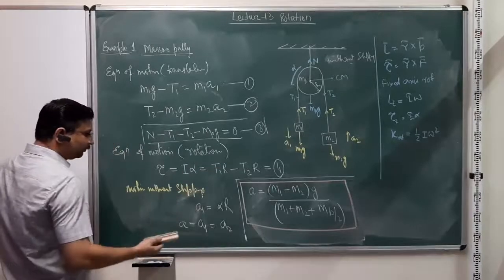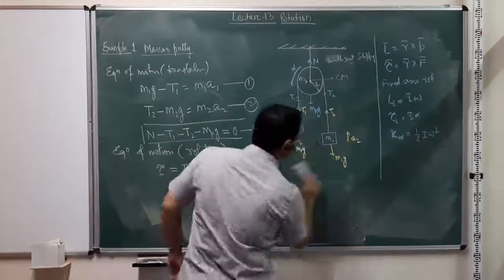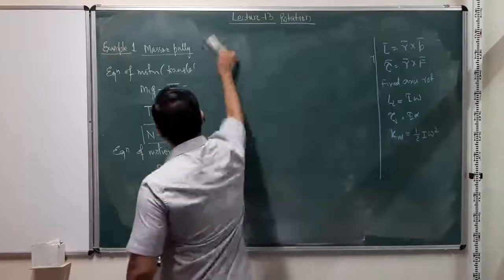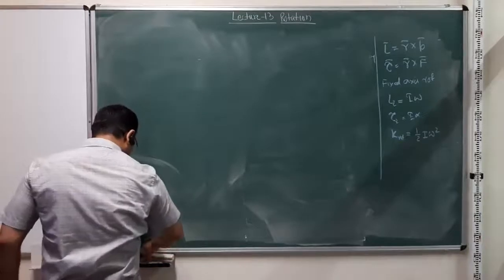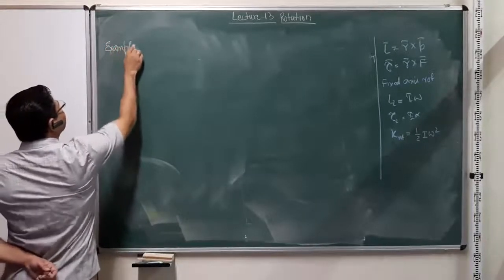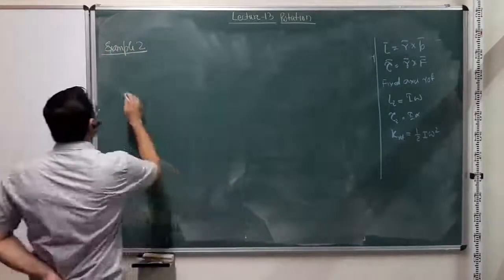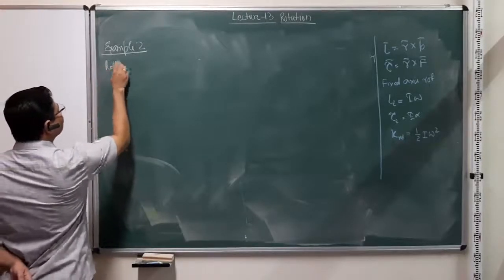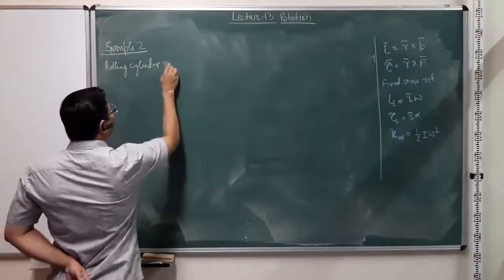We can take another one which is similar to this. Let me wipe it out here. And now we can take another example. Example 2. Basically, this is a rolling cylinder on an incline.